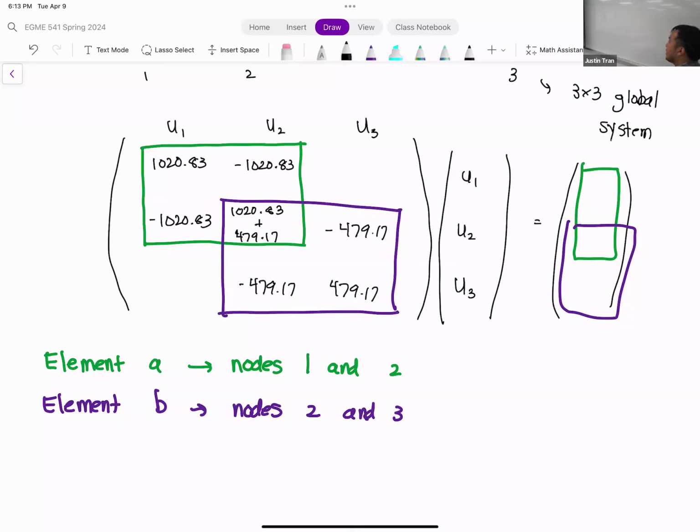And then all the other entries for element B there, we have 479.17. Everywhere that we don't have anything, we can just fill in zeros.